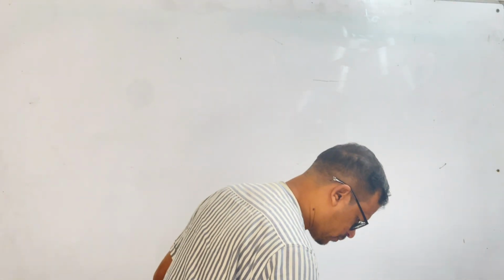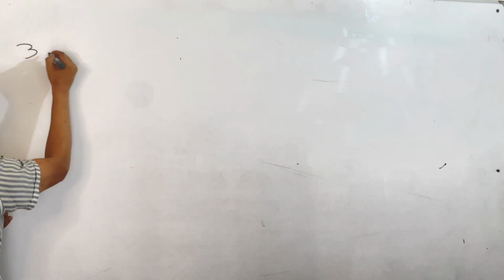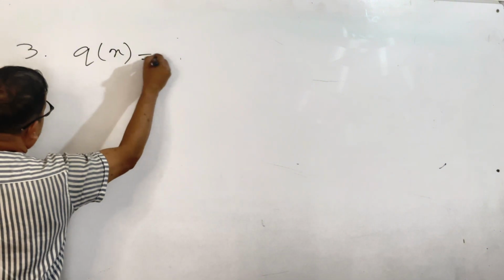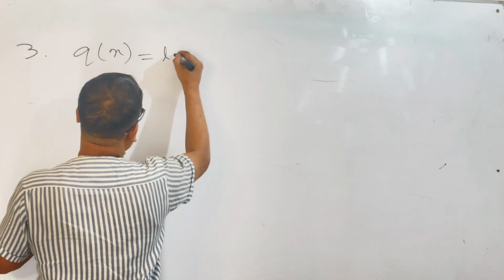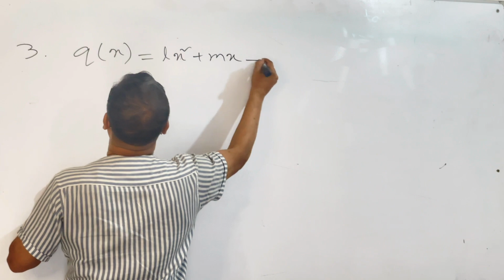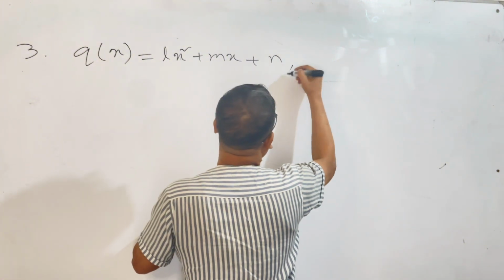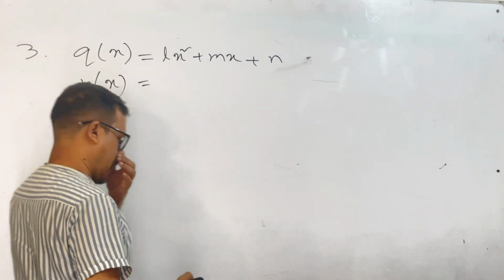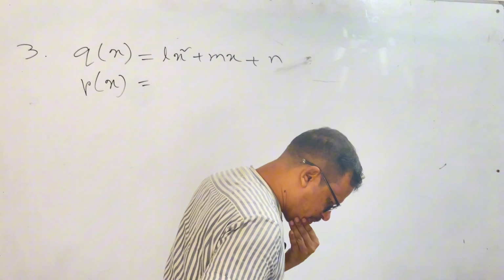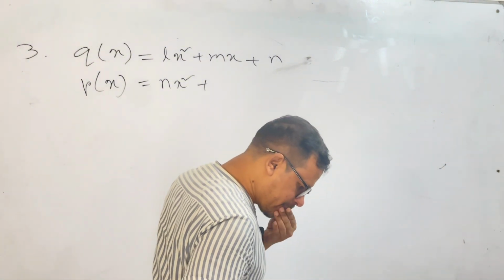Now, question number 3. What does it say? q(x) equal to l square x square plus mx plus n, r(x) equal to n square x square plus mx plus 1.